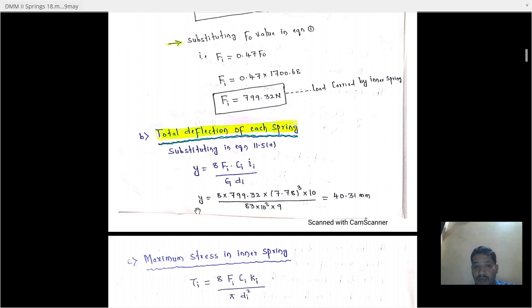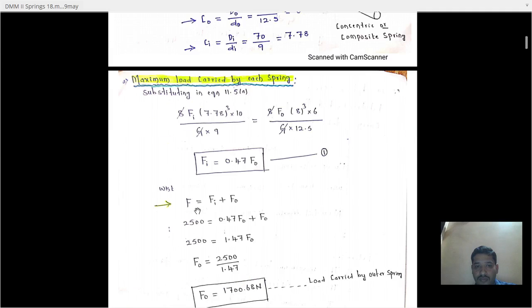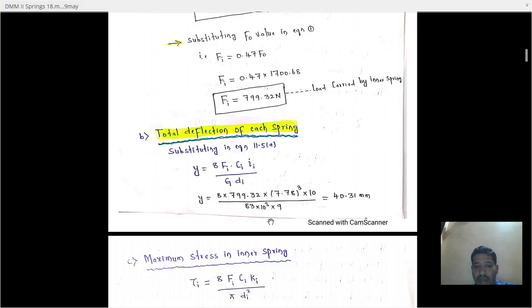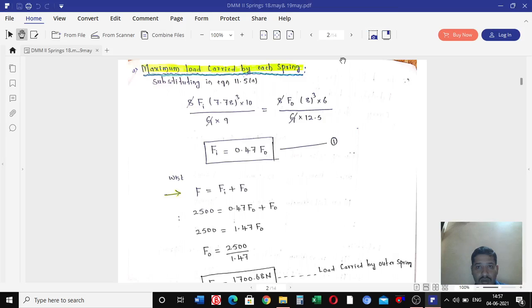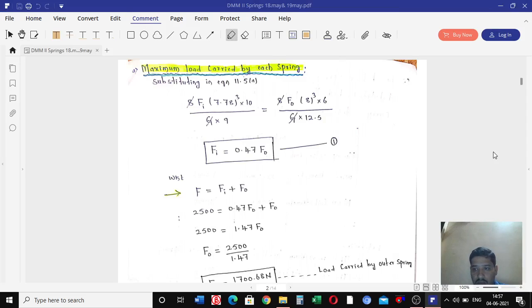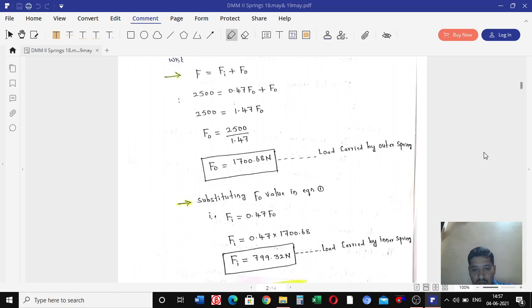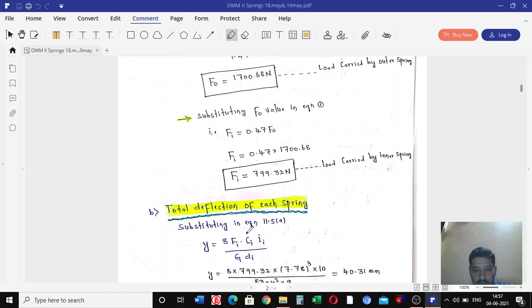So here a cube is there, so I missed it: 8 Fi Ci whole cubed. Okay, so I will write this one. Here should be cube.